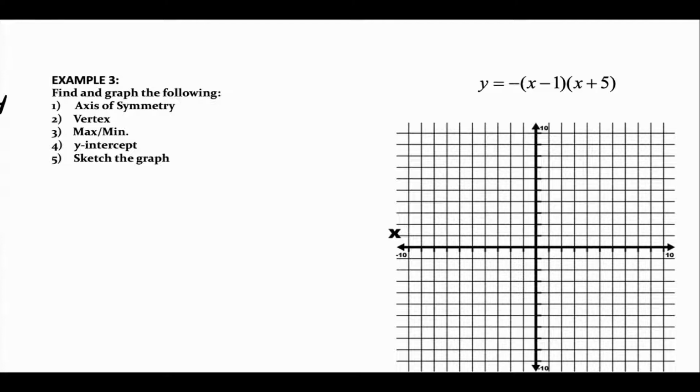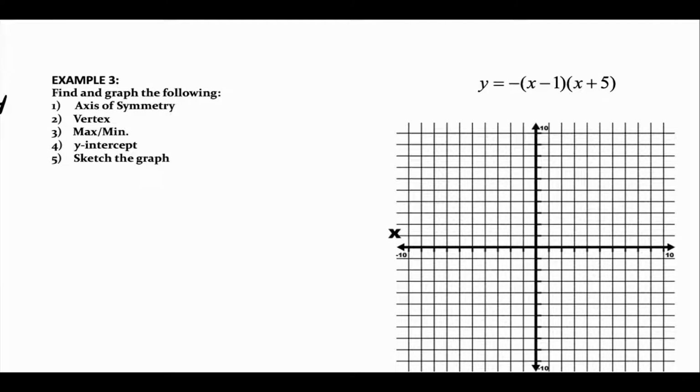Exactly. I would say factored or intercept. Yeah, what gives it away? 2 parentheses, right? This one's got 2 parentheses. It's the only one that has 2 parentheses. The other ones have either 1 parentheses or no parentheses. Okay, so it's factored form.